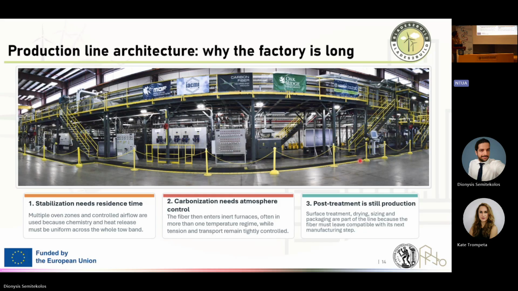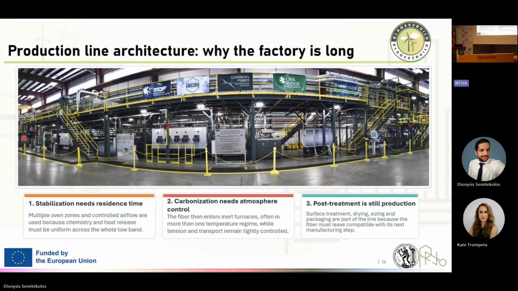This is quite long, as you see, even though it's not an industrial line. This is quite long because all of these processes require a residence time, especially stabilization, and all these reactions, all these processes take place one after the other, because it is a continuous process.